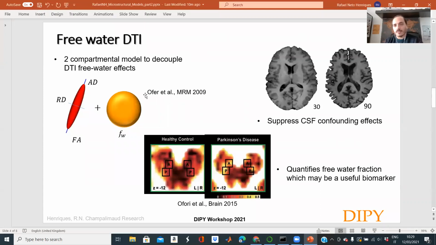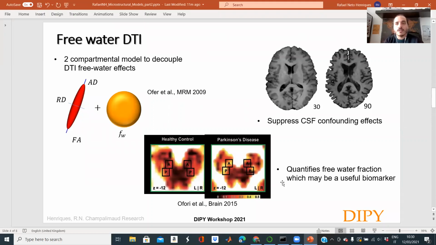And this was proposed, for example, to remove partial volume effects in studies of, for example, aging, in which you have an increase of these confounding factors due to the atrophy of the brain and the enlargement of the ventricles. Also, the estimation of the free water fraction, as shown in previous studies, might be useful as a biomarker to target different pathologies.